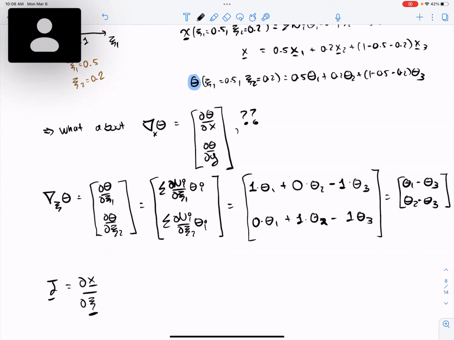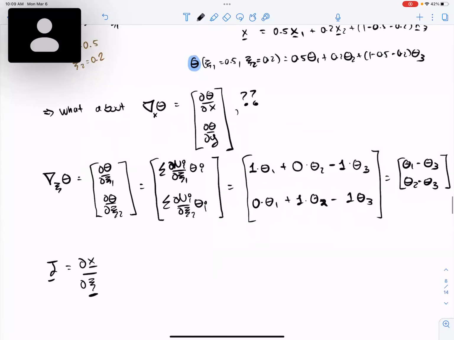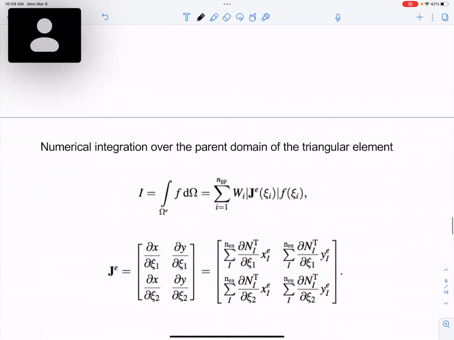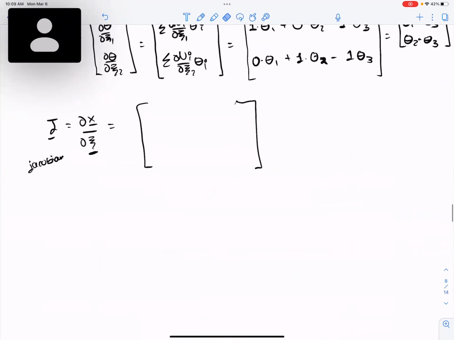Now it is dx with respect to the psi, and this is going to be a matrix. So this is the Jacobian. So there's going to be a matrix, which is in the next slide.